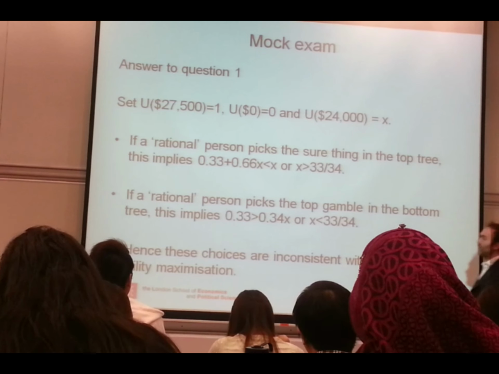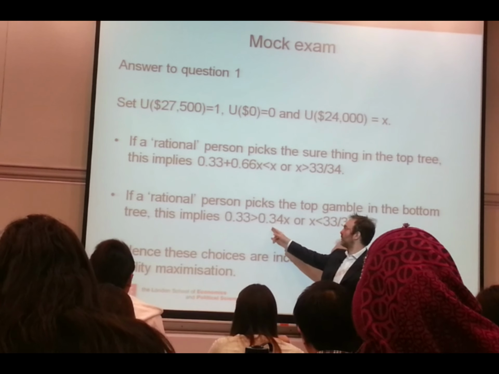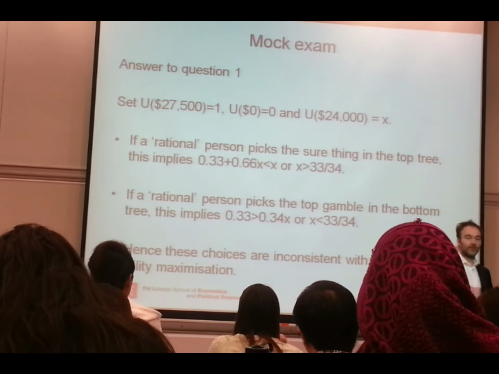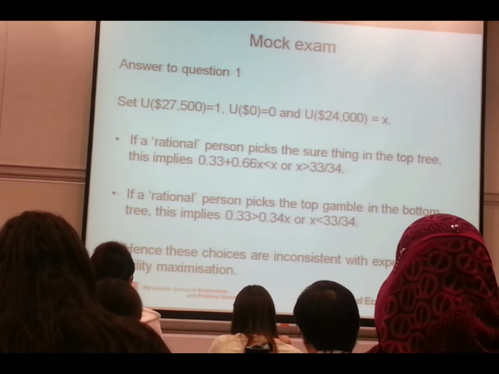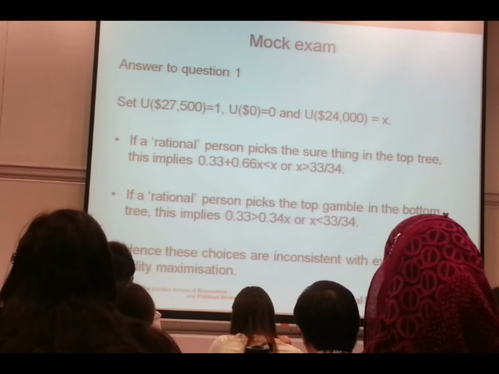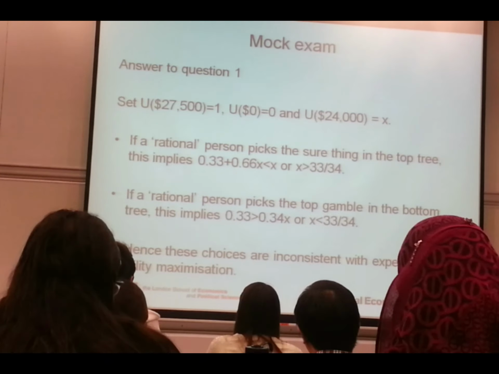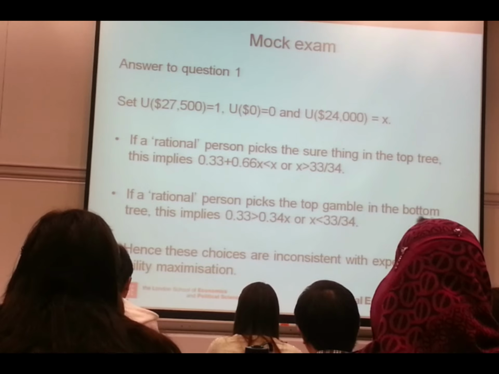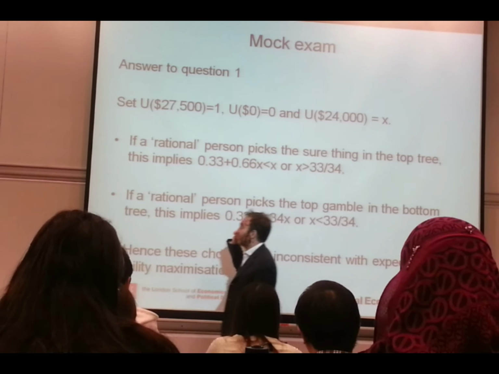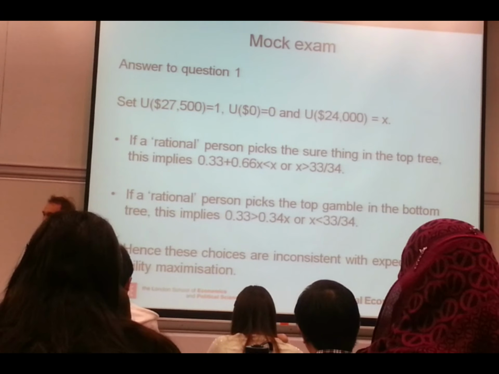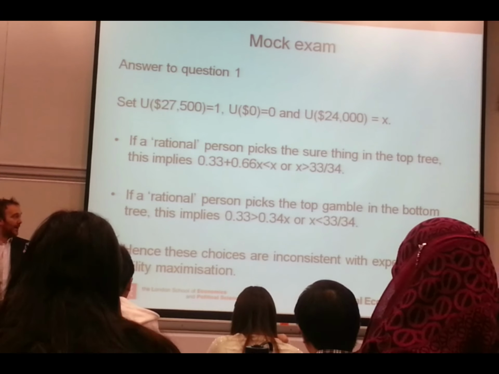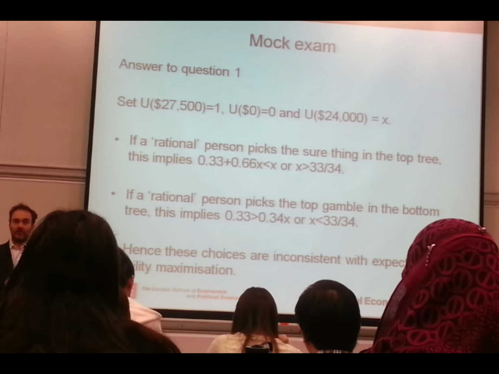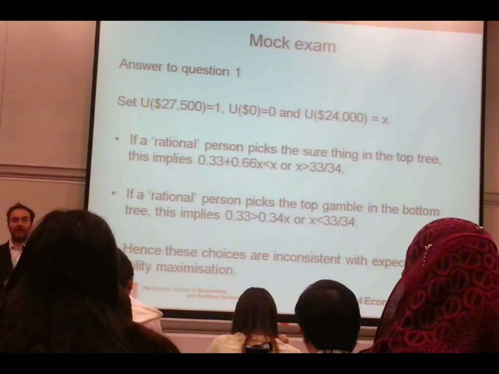So 0.33 must be bigger than 0.34 times x, or x has to be smaller than 33 divided by 34. So if we look at the two conditions, you have to have a value of x bigger than 33 divided by 34 to make the first choice, so to take the sure thing in the top tree. And you have to have a value of x smaller than 33 over 34 to pick the top gamble in the bottom tree.